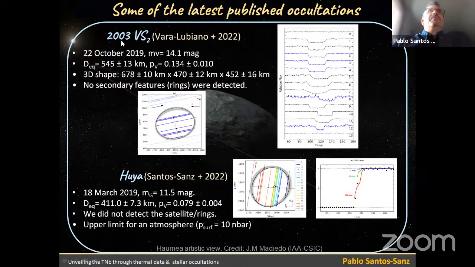This year, we also published the results of two stellar occultations by two trans-Neptunian objects. We don't see rings, we don't see atmosphere for these bodies, but well, we characterize, for instance, for 2003 VS2, the 3D shape and other very interesting physical properties.